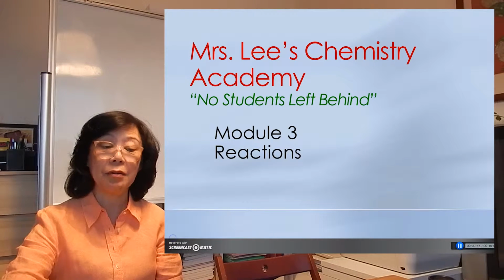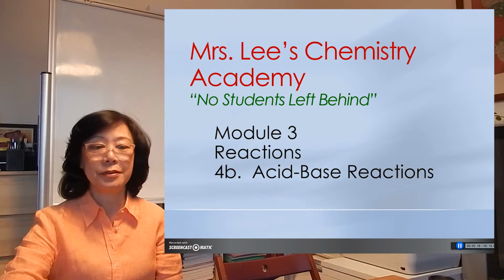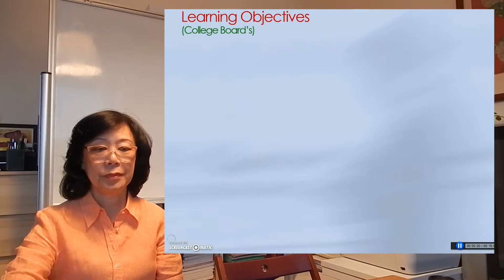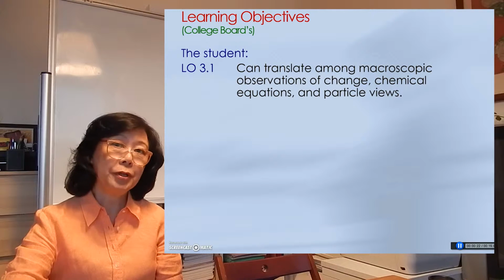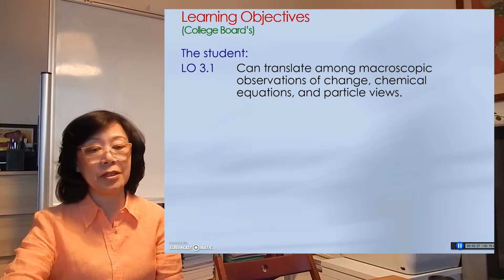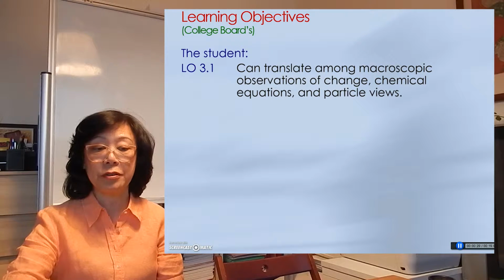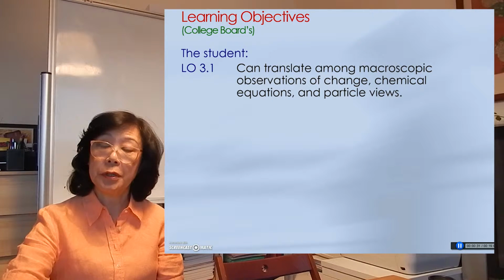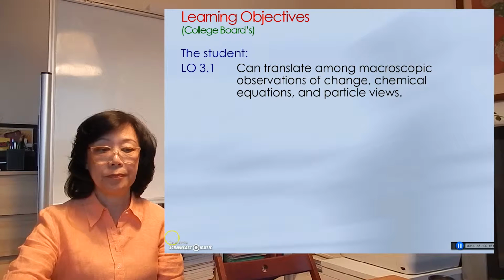Today, we're going to talk about acid-base reactions. This is tied to 3 learning objectives from the College Board. 1, student can translate among macroscopic observations of change, chemical equations, and particle views.